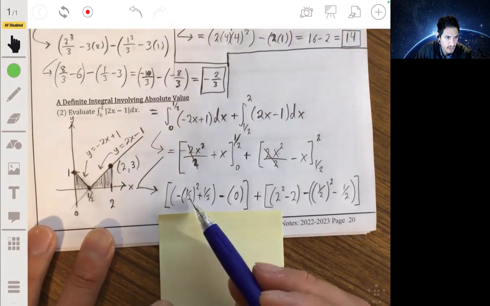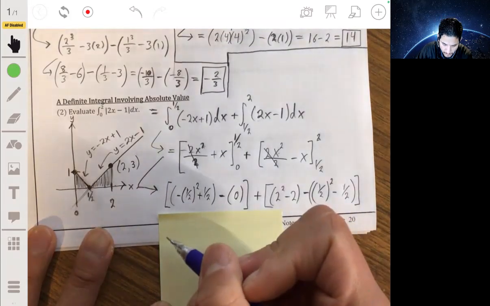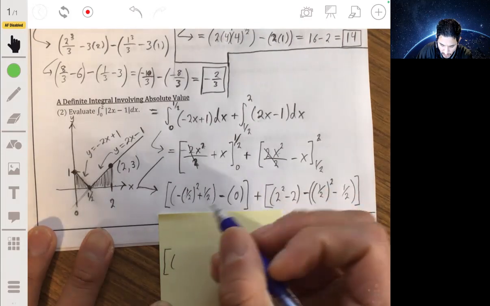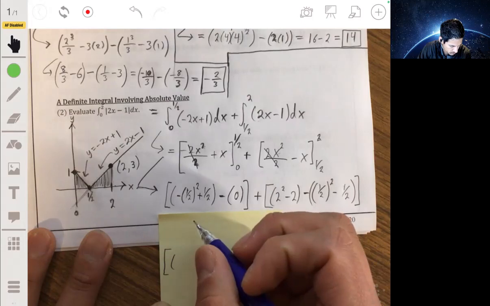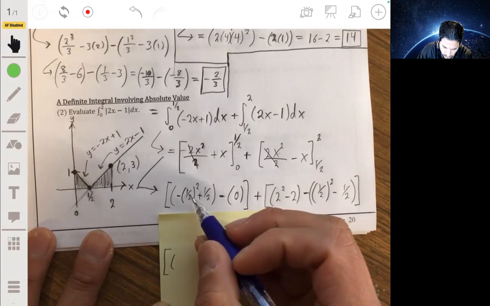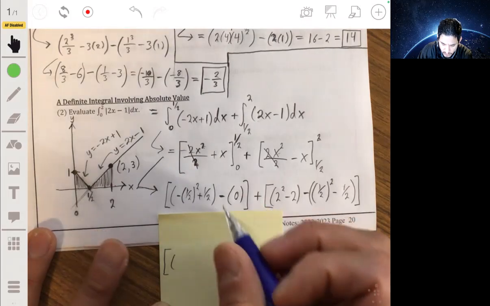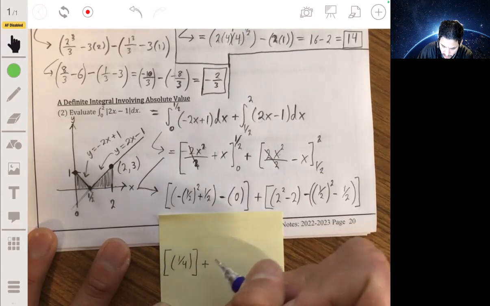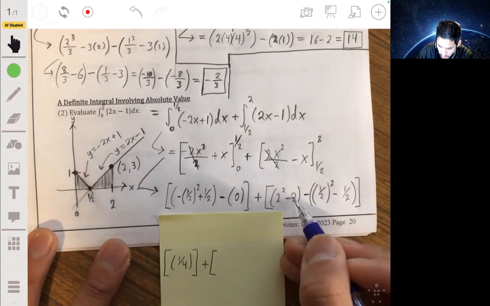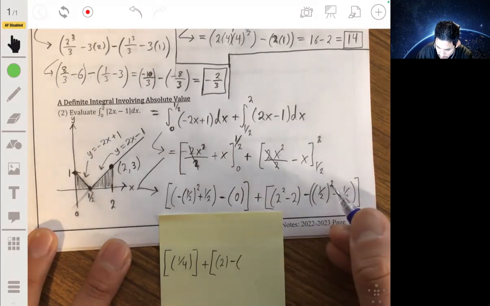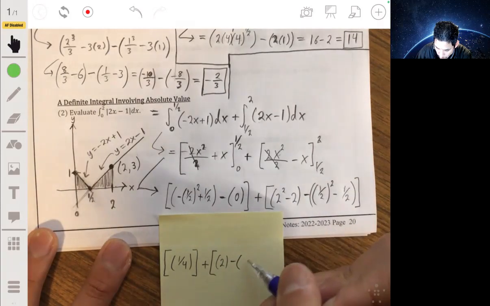So we got negative 1/2 squared, that's 1/4. So negative 1/4 plus 1/2, so that'll be 1/4. Let me make sure. Negative 1/4 plus 1/2, so 1/4 minus 0. That doesn't do anything. So plus, that'll be 4 minus 2, so 2, minus 1/4 minus 1/2, so negative 1/4 subtracted.